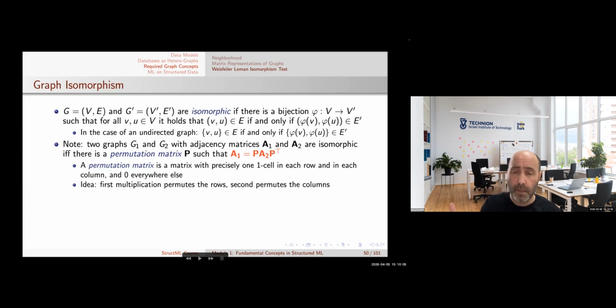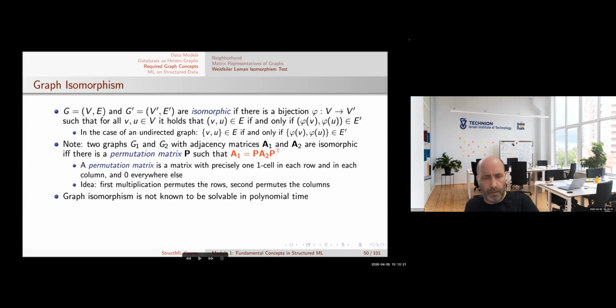The goal is to permute the indices of A1 into A2, or A2 into A1 in this case. So P adjusts the rows, and multiplying from the right by P transpose permutes the columns. That's the idea.